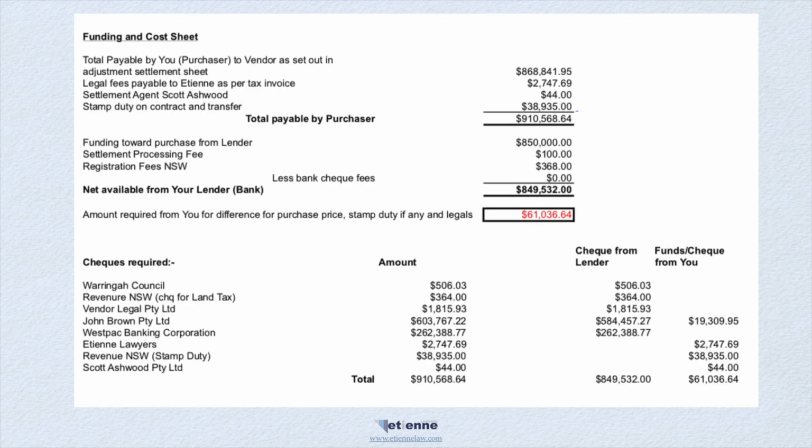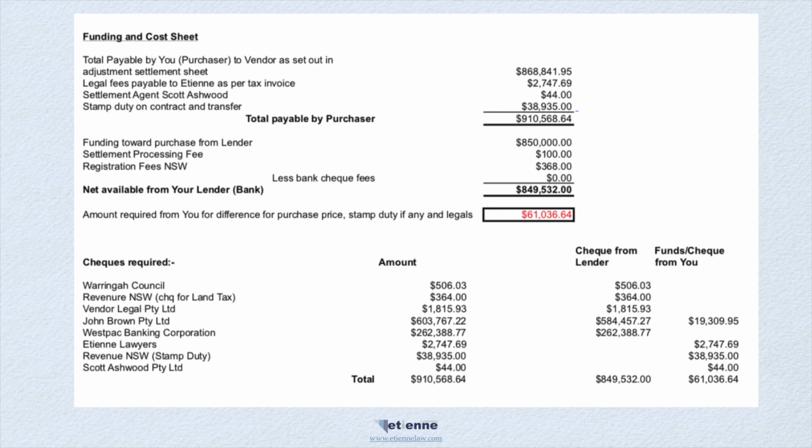Once the amount payable by you is known, we contact your lender and confirm the amount that will be available for you to use at completion. We include this amount in the settlement sheet. In the example, the purchaser's loan amount was $850,000.